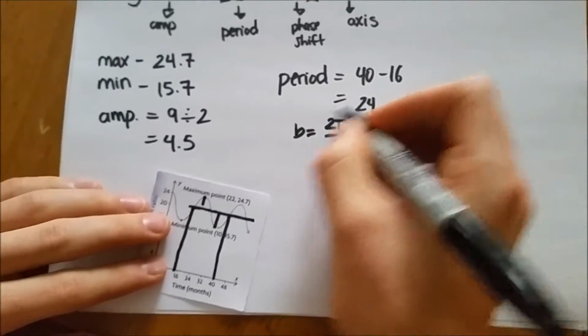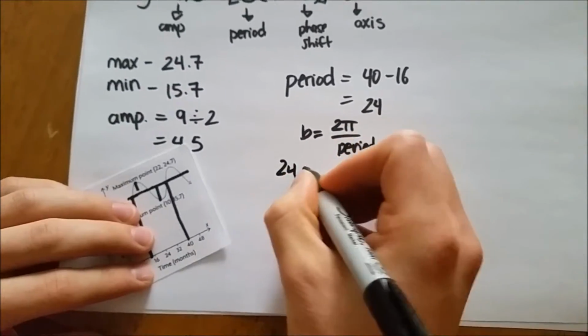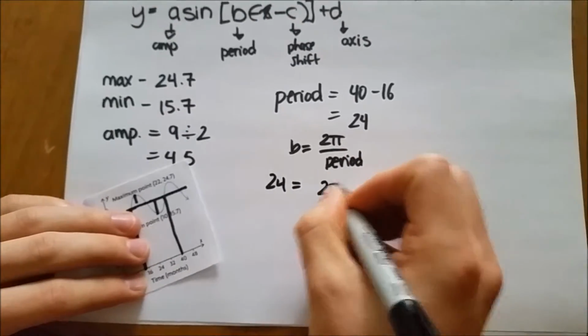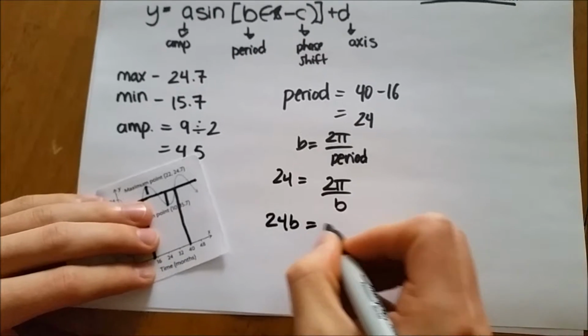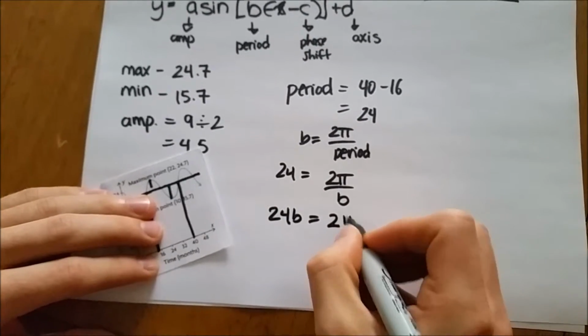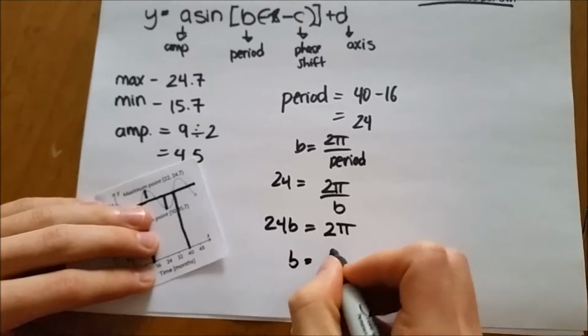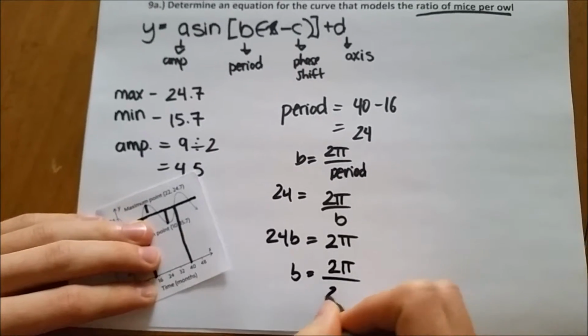Since the period is 24, we get b equals 2 pi over 24.